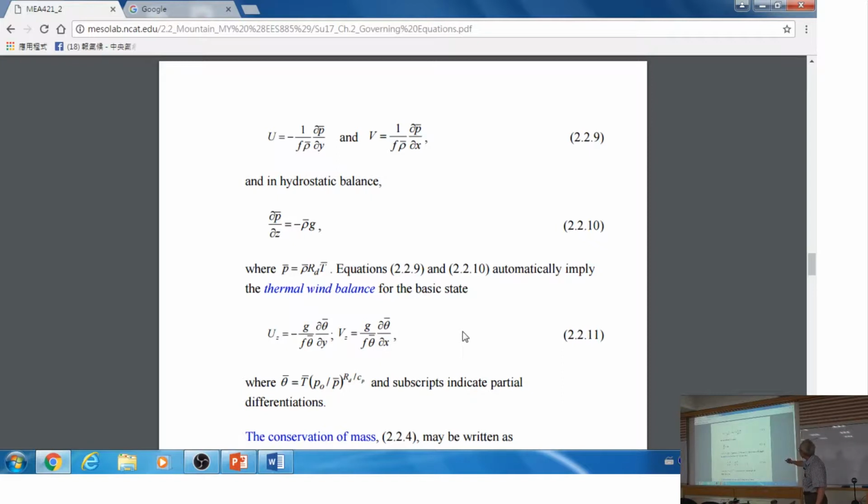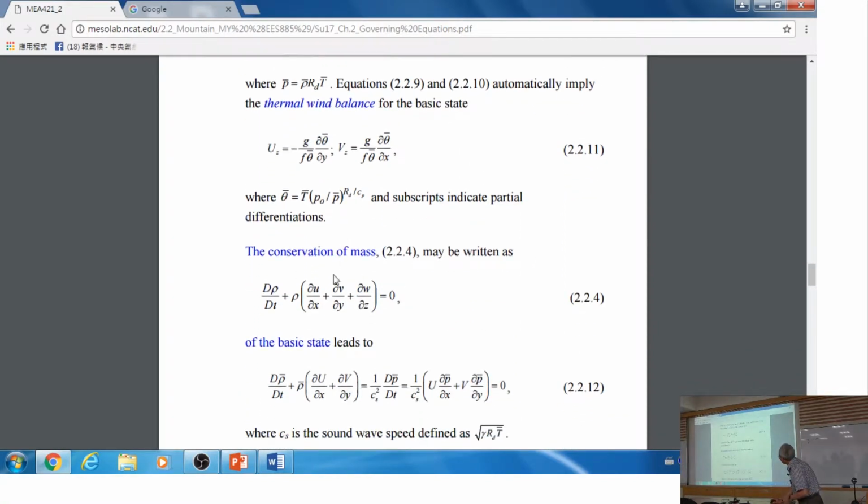These two together are called thermal wind balance, and that determines the vertical wind shear. So all those are basic. I assume you know them. If not, please review my notes and also go to the textbooks.